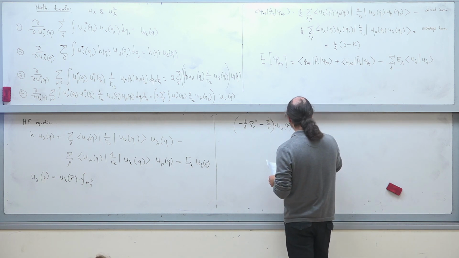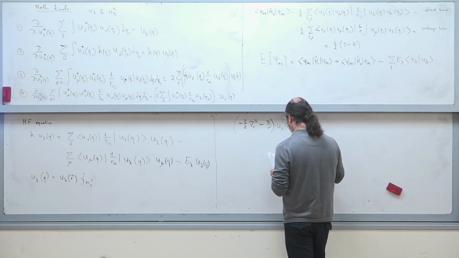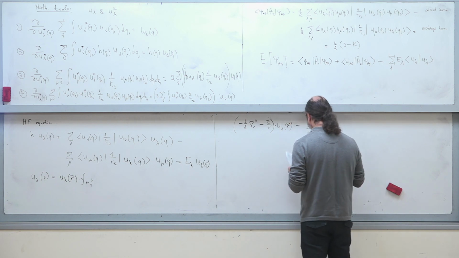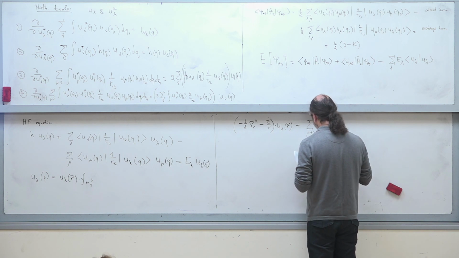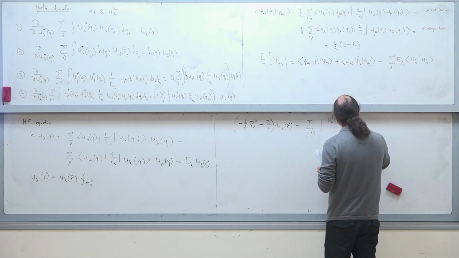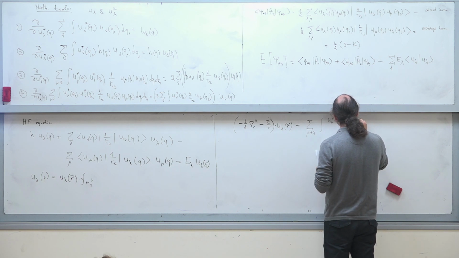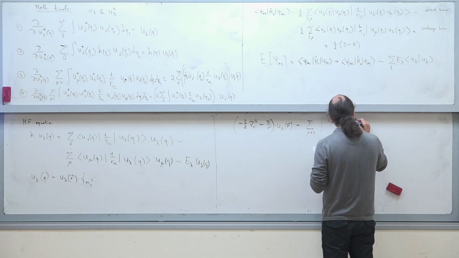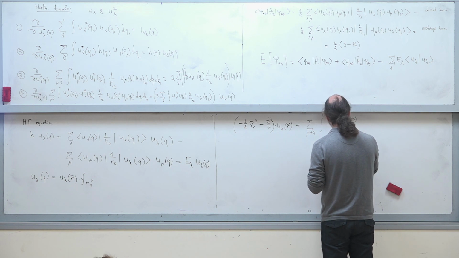Now, plus the sum over mu, which is not equal to lambda, of the integral over spatial coordinates of u mu star of r prime, u mu of r prime, divided by r minus r prime.